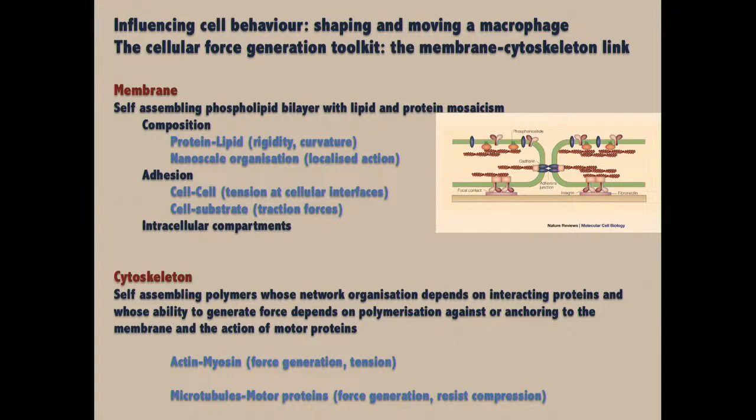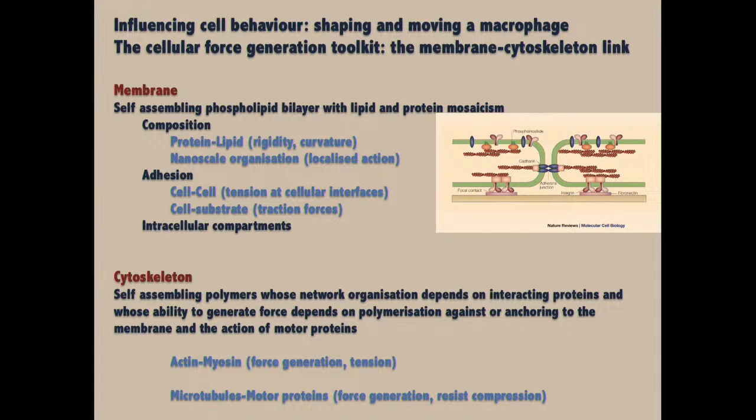The cytoskeleton consists of self-assembling polymers, and their organization, for example, branches or bundles, depends on the proteins they interact with, and their ability to generate force depends on polymerization against a barrier like the membrane or anchorage to the membrane, and they invariably work with motor proteins.